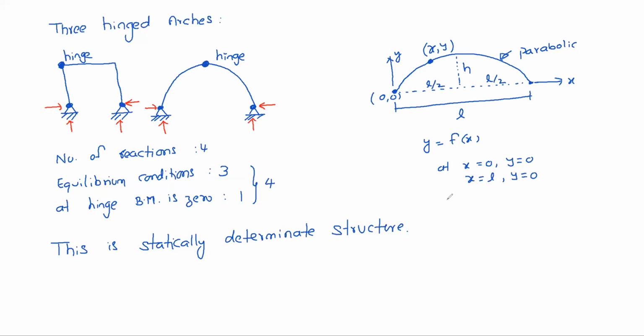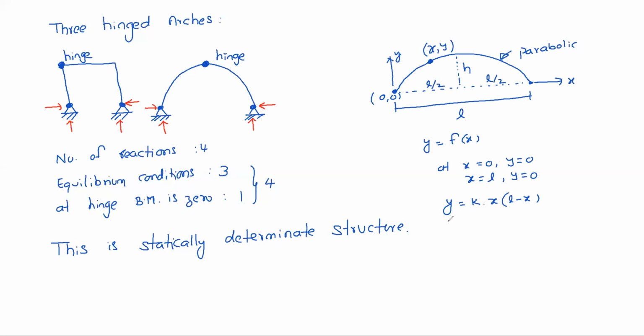To make that happen, we can assume safely that X into (L minus X) must be there in the function, and some constant K. If you put X as 0, the entire function becomes 0. If you put X as L, then L minus L also becomes 0. For other values, you will get some positive value of Y.